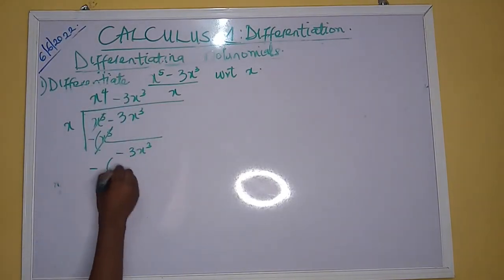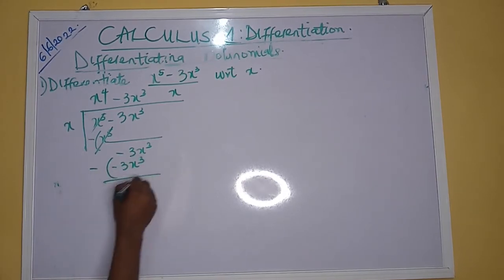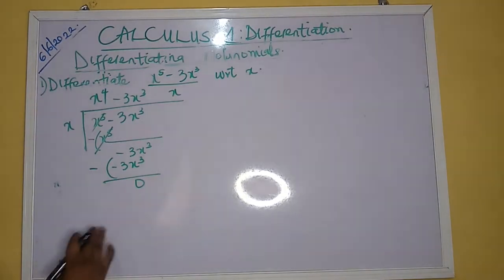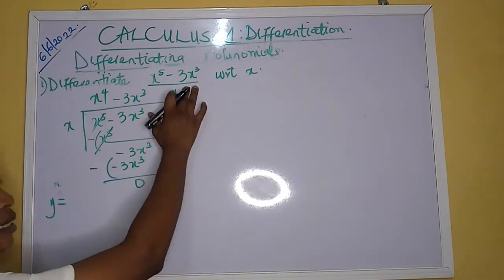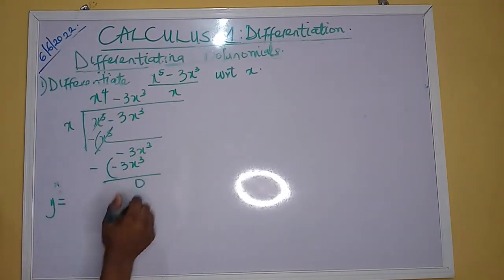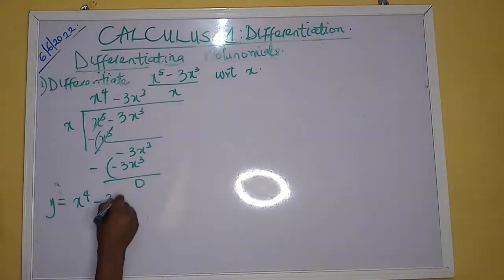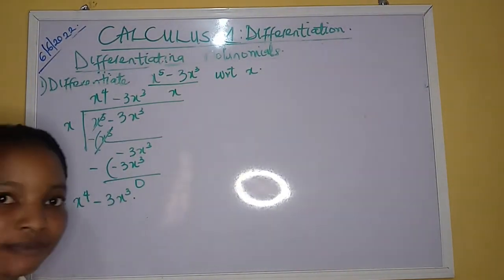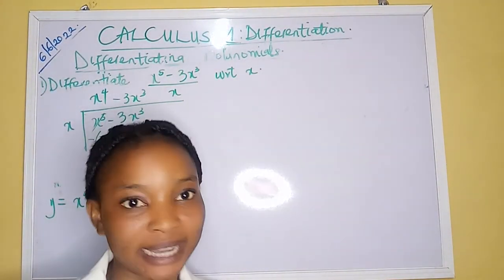By the time you bring this again, you have minus 3x cubed, and this gives you 0. So therefore, my y is no longer this. My y is now the answer. That's what I'm differentiating. So I have x raised to the power 4 minus 3x squared. Is it technical? It is. That's breaking it down.